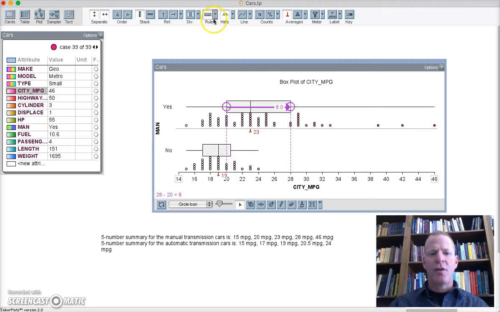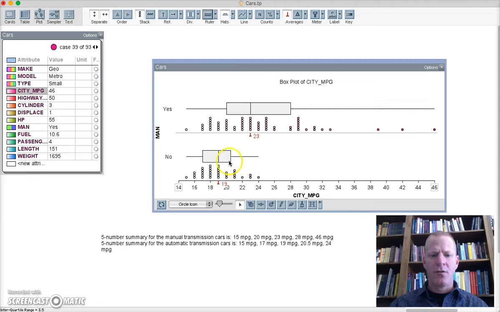We could do the same thing down here, and we notice the IQR here starts at Q1 and ends at Q3. And remember, we know that's 17 to 20.5, so that means that's 3.5. The IQR is 3.5 miles per gallon. This one was 8 miles per gallon.